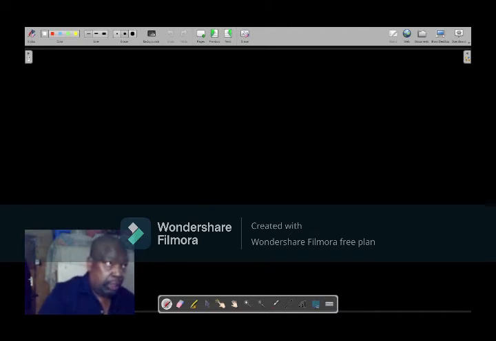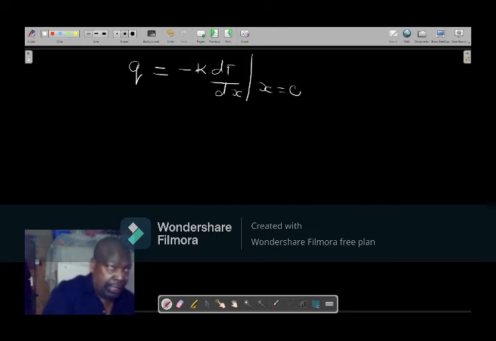And let us have a look now at not the temperature distribution, but the rate of heat flow per unit area, which is given by minus k dT by dx. And we said this makes things very easy when we evaluate it at x equals 0.